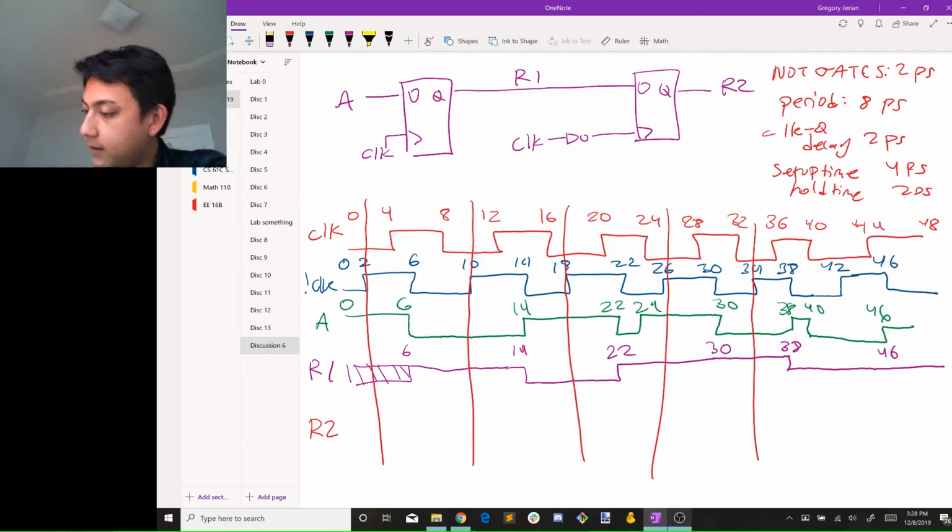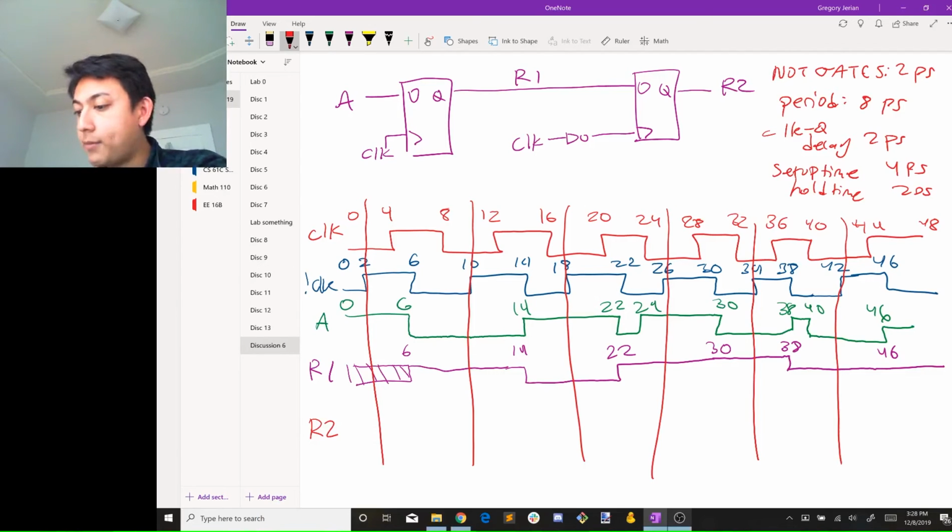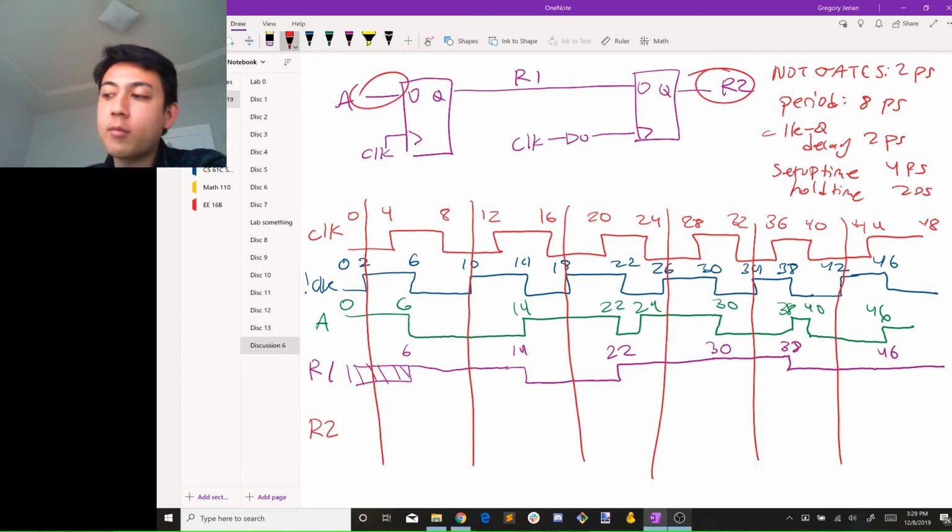Okay. So let's propagate from R1. Remember, the thing that gets propagated to R2 is the thing that goes into the register. So R1 is the thing going into the register. So we should look at R1. I always see people looking at A, but A is all the way over here. It's not being propagated to R2. R1 is being propagated to R2.